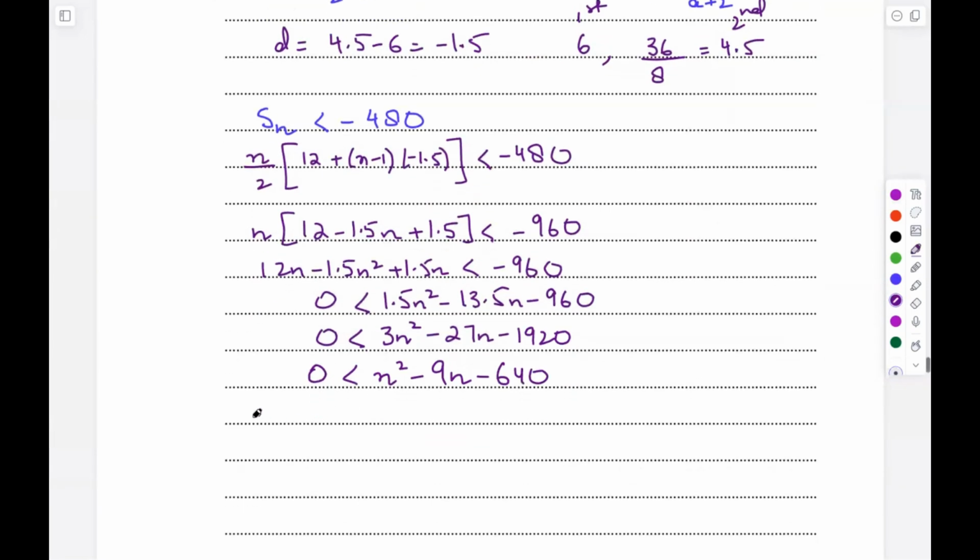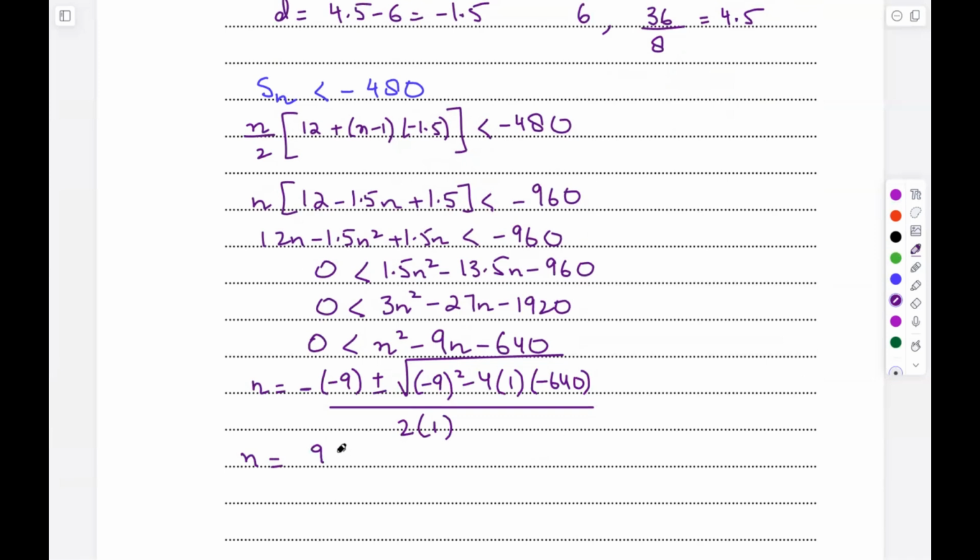Now applying the quadratic formula for n, n will be equal to minus b plus minus the square root of b squared minus 4ac, all divided by 2a. So b is minus 9, so that will be minus minus 9 plus minus the square root of minus 9 whole squared minus 4 into 1 into minus 640, divided by 2 into 1, as the squared term coefficient is 1. So this will become 9 plus minus the square root of 81 plus 4 into 640, which is 2560, so 2641 divided by 2.